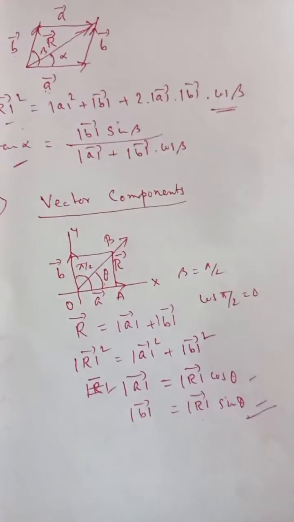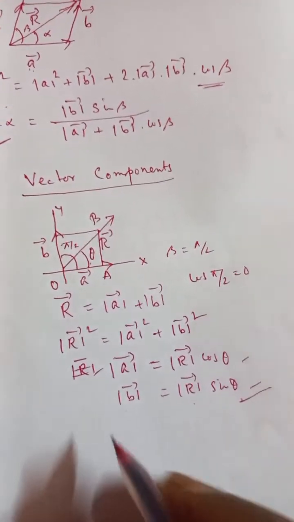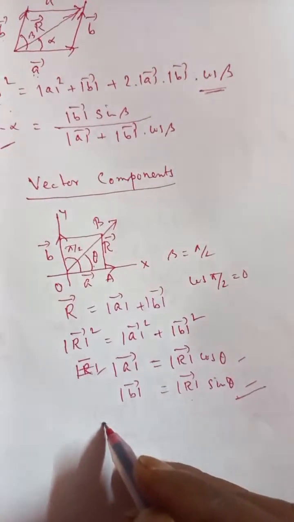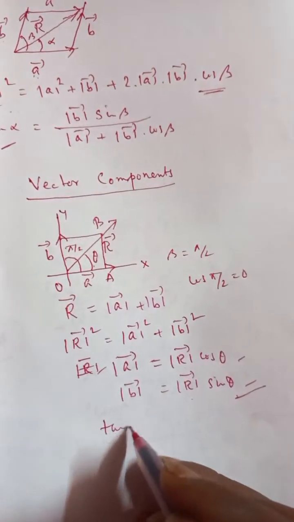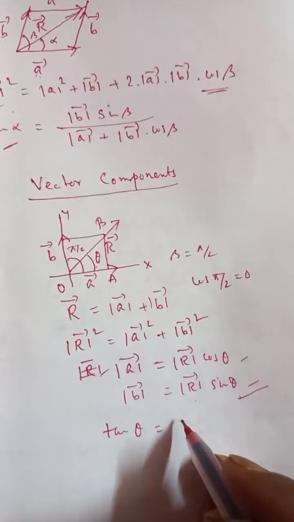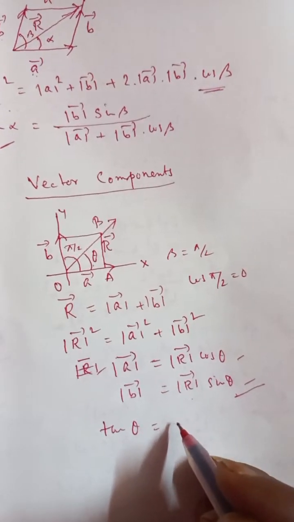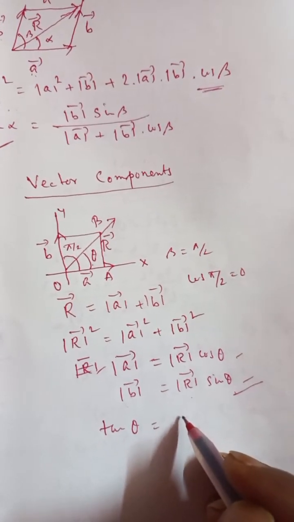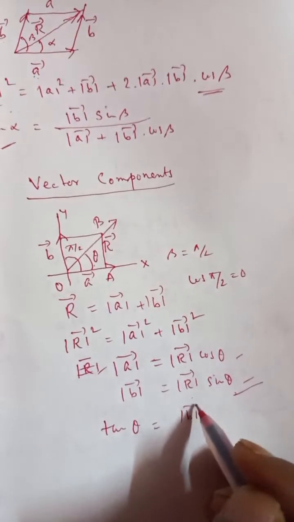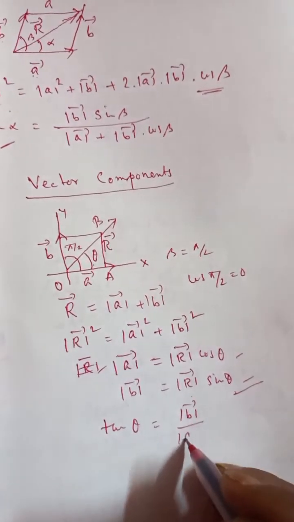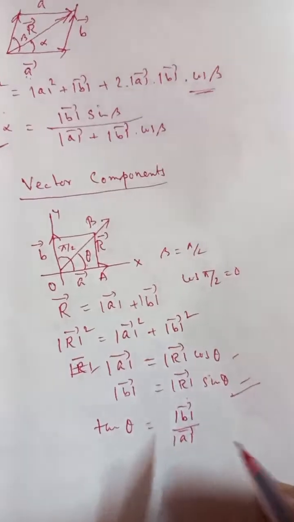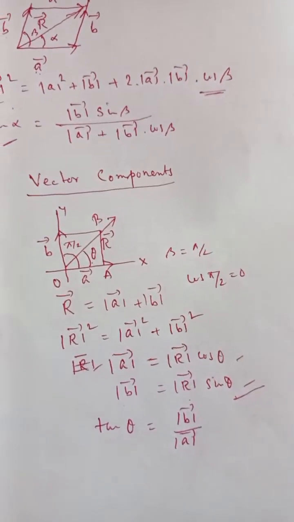So through this we can find out the direction also. Tan theta will be mod of B vector by mod of A vector. So these are the vector components.